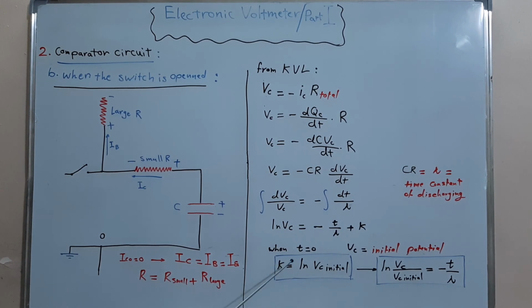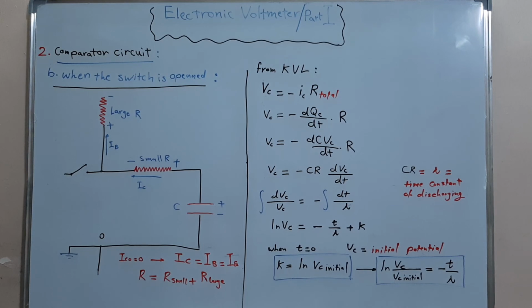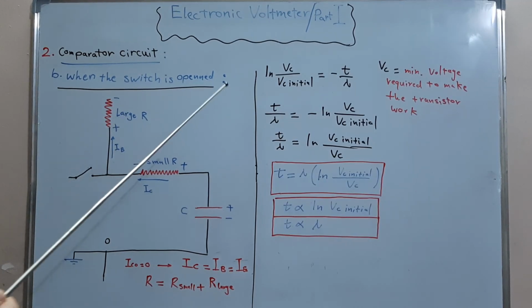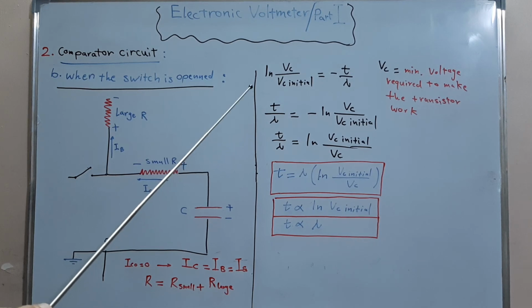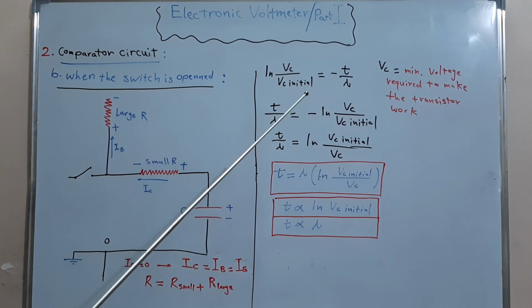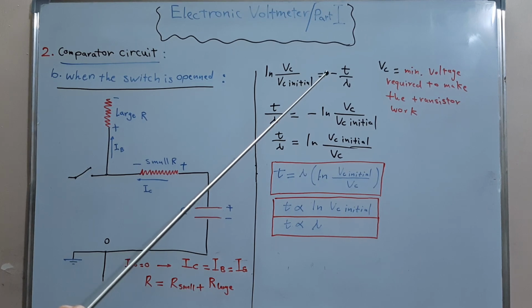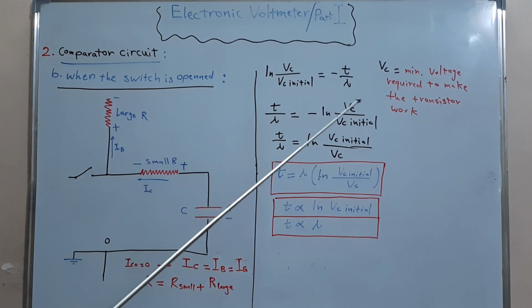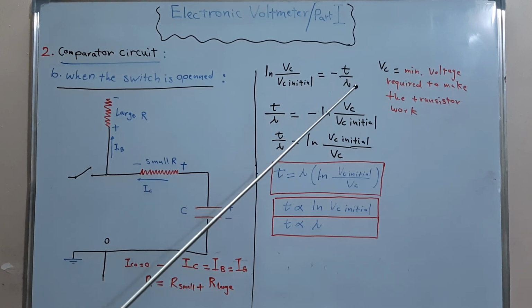By putting this value in this equation, we get ln(Vc divided by Vc initial) will be equal to minus t divided by gamma. And in our experiment, Vc is equal to the minimum voltage required to make the transistor work. So it's a constant value.